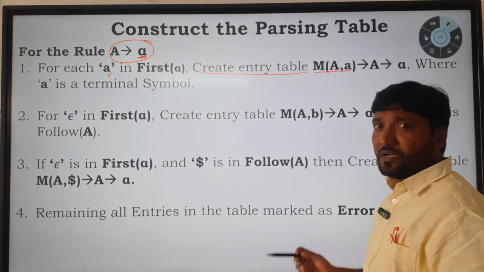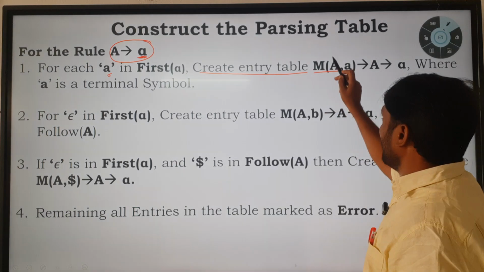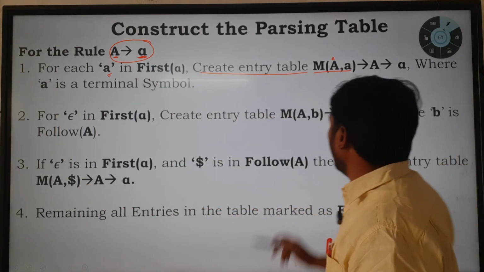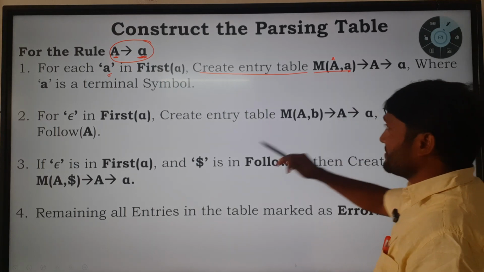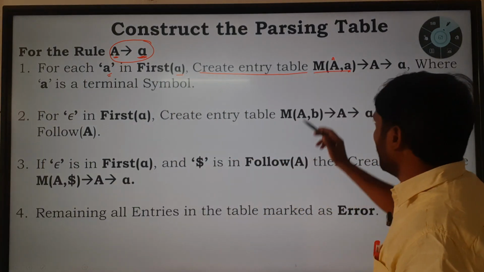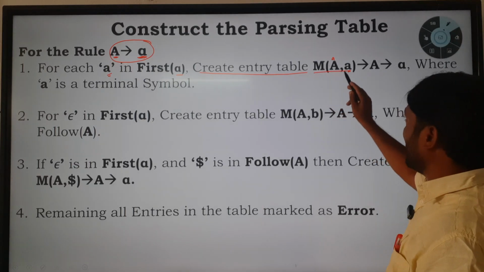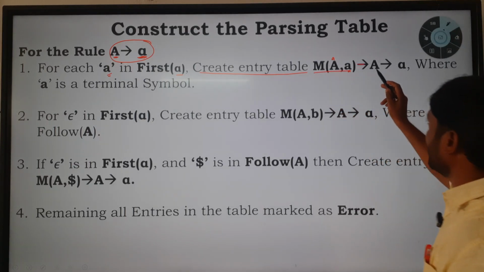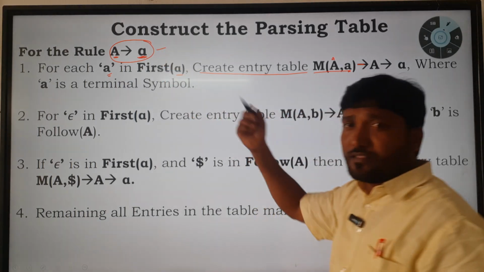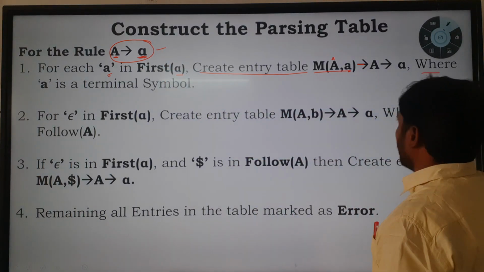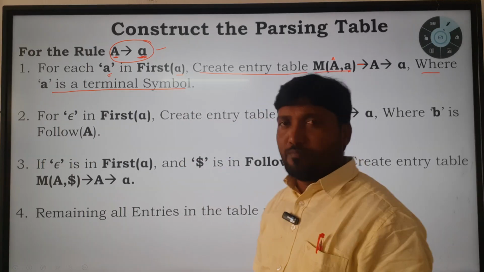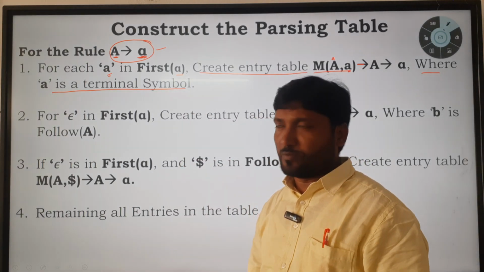Here A is the left hand side of the production, and a is a terminal symbol in first of alpha. Then the entry M of A comma a is filled with A derives alpha. This production is filled in the table where a must be a terminal symbol. That is the first rule.